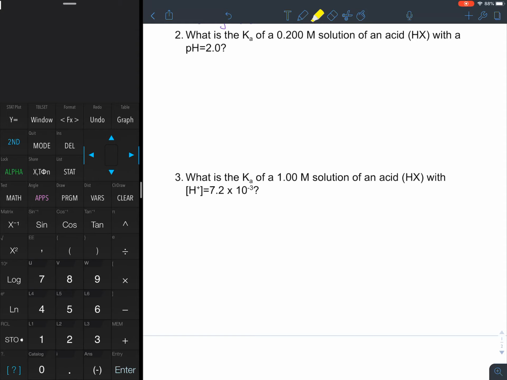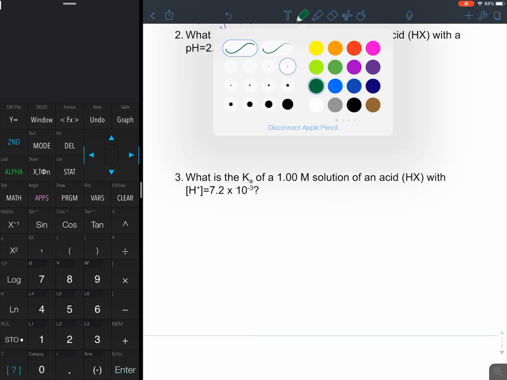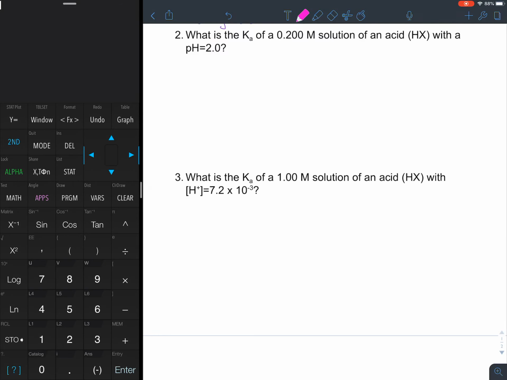These are really interesting to solve because we're going to use something called an ICE table. I'm going to draw one out here for us. ICE really just is an acronym that stands for initial, change, and equilibrium.